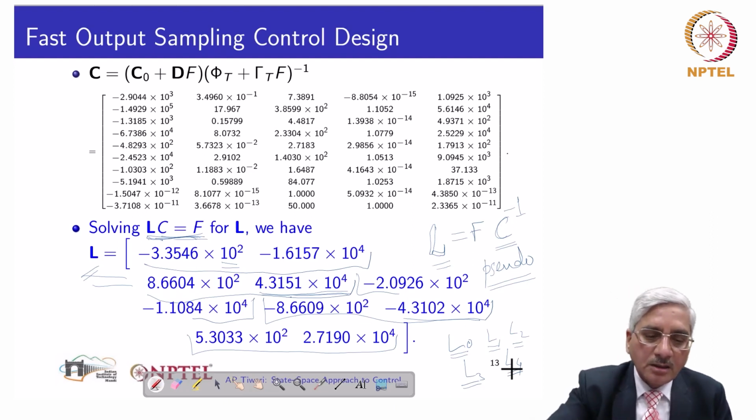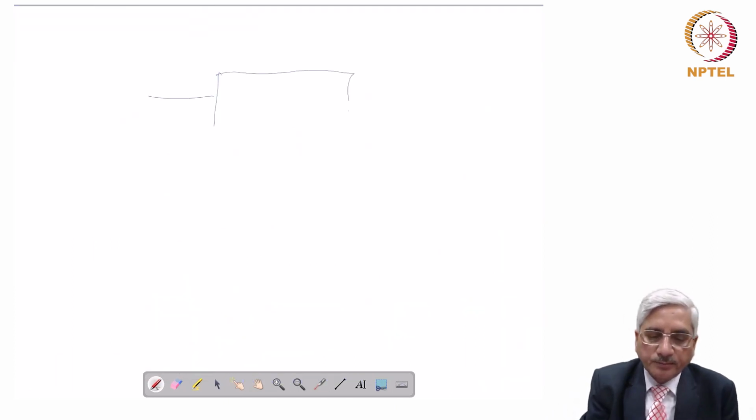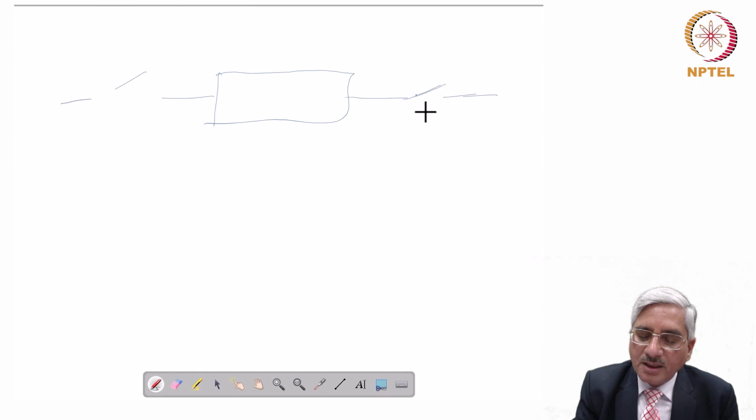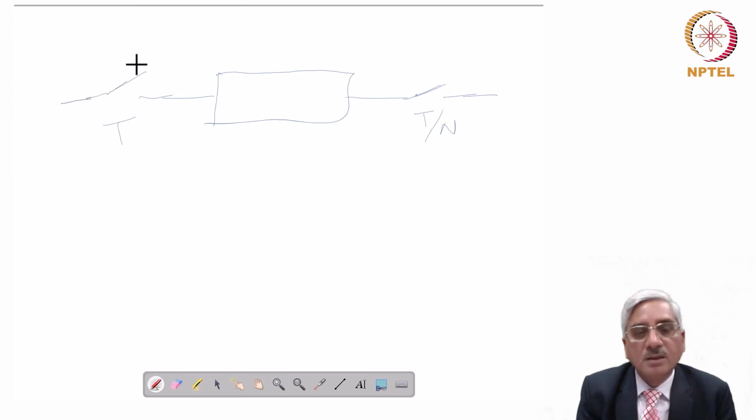And just as a recall, in the fast output sampling, this is the system. These samples are taken every T by n, and this switch is closed every T seconds.